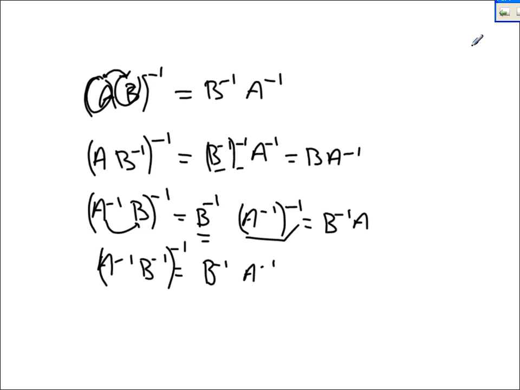You switch the two, and then you inverse them. B inverse inverse is B. A inverse inverse is A. Okay, so just remember that any one or both of the two matrices that you are multiplying, that you then want to take the inverse of, could have an inverse symbol.